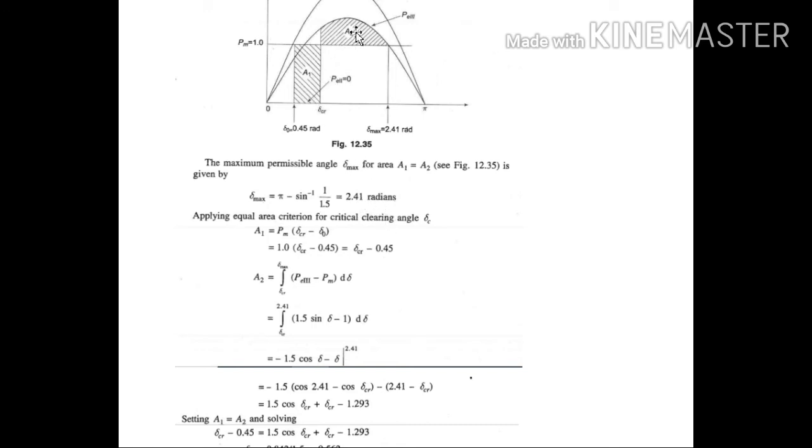Now according to equal area criteria, area A1 can be given as Pm times (delta Cr minus delta 0) by application of integration. So we obtain this value, with del 0. Then area A2 will be what? See, area A1 is from del 0 to del Cr. Area A2 will be from del Cr to del max.